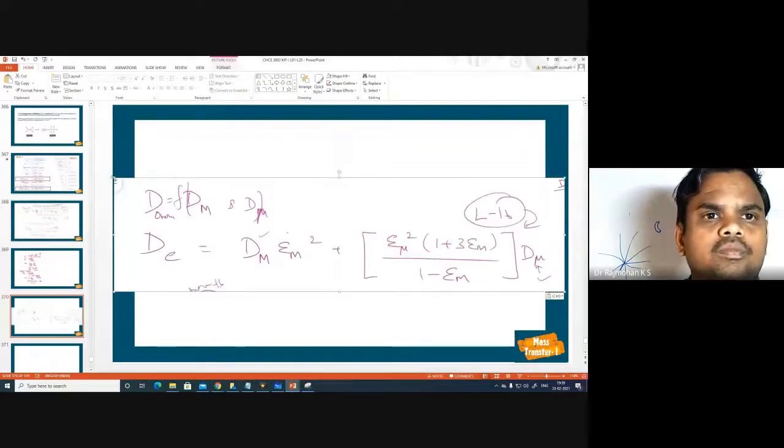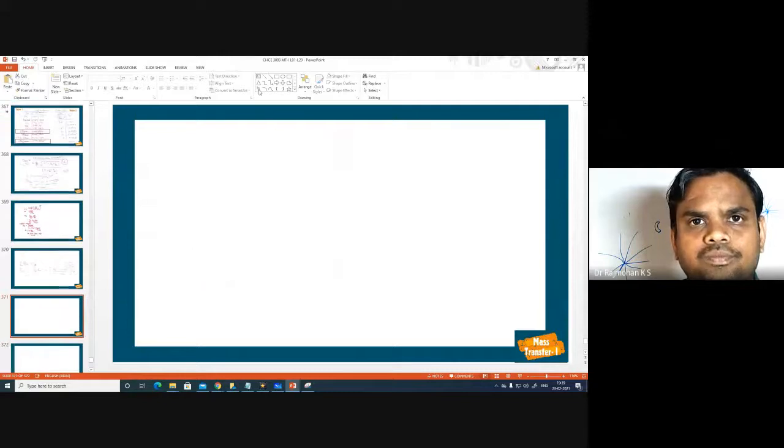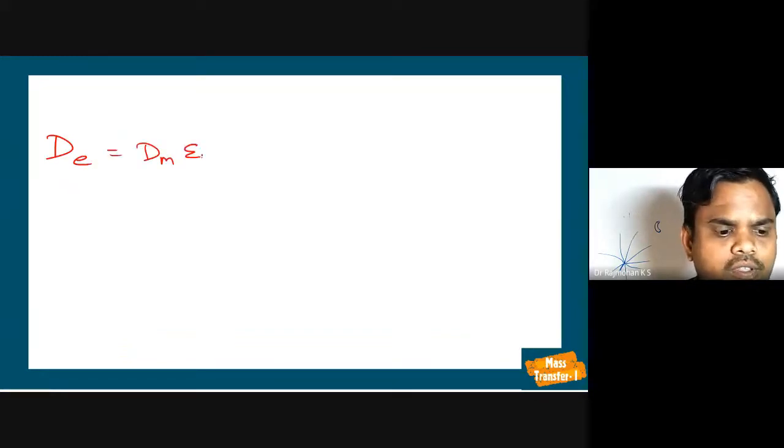Please substitute all the 4 values; we have only 4 values to substitute. Substituting all the 4 values, first write what the 4 values are. I am just rewriting the formula here.